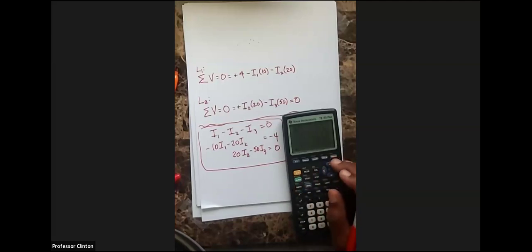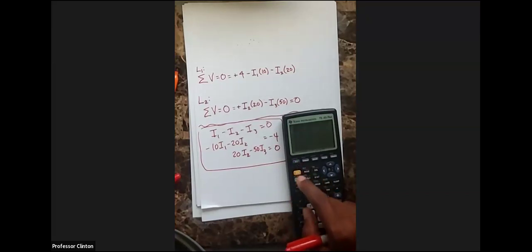But on our calculator, we'll go into the matrix mode. I'm using a TI-83, so you'll hit second function and then x to the negative 1. Right, so second function x to the negative 1. And then we'll create a matrix.